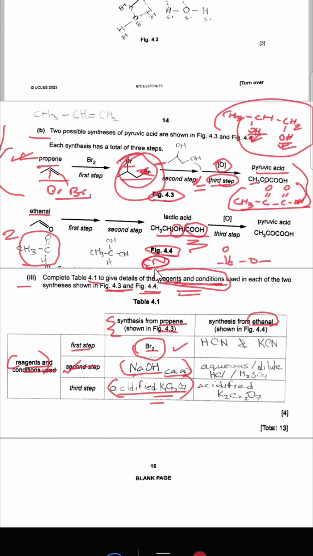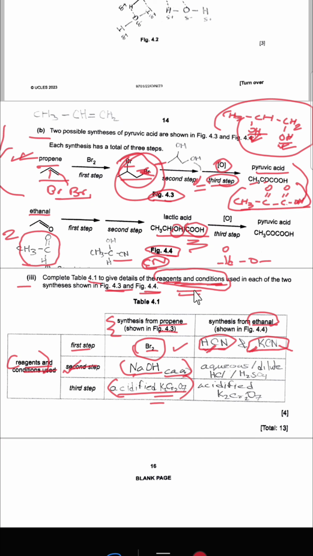So addition of CN occurs, and thus the first step would be HCN in presence of KCN catalyst. Here KCN acts as a catalyst and the reaction occurs with HCN.